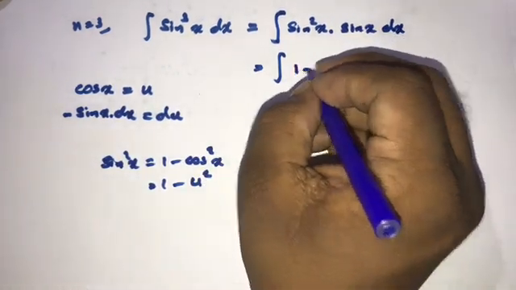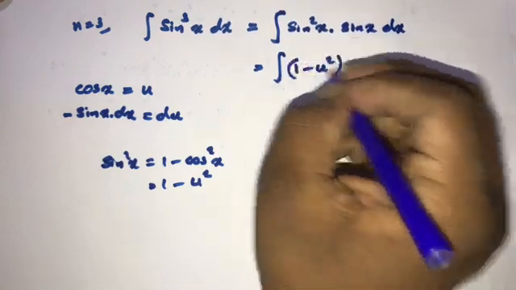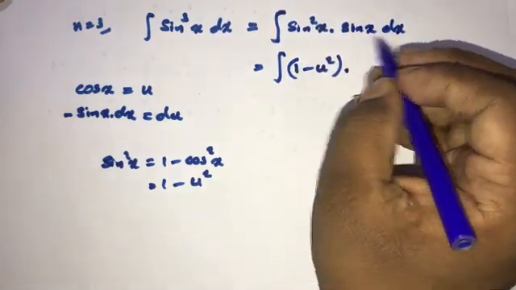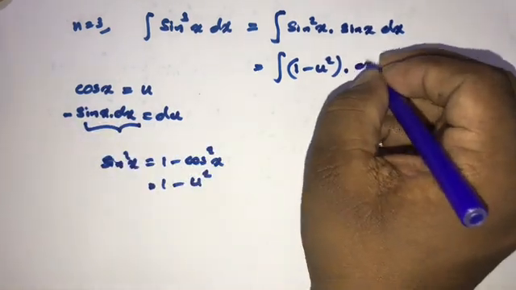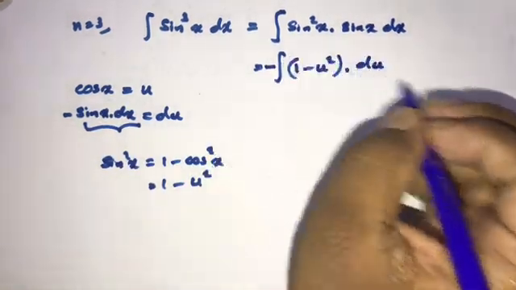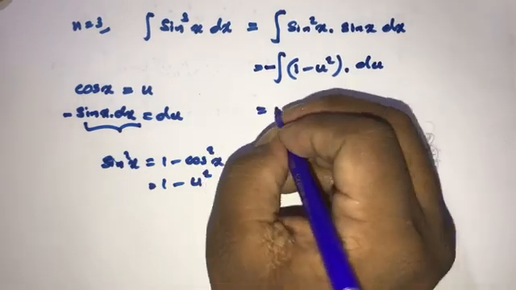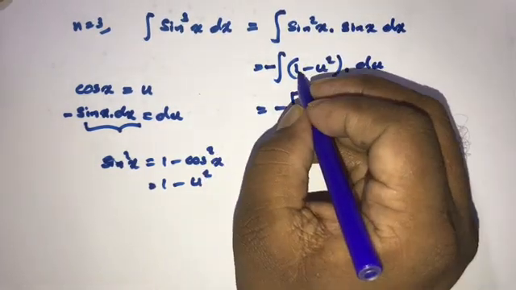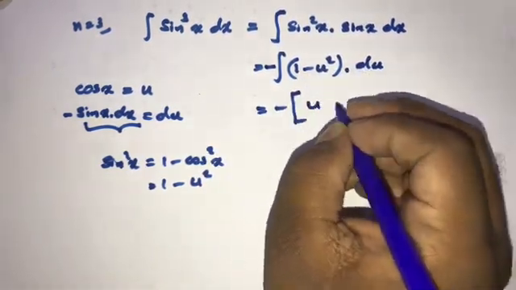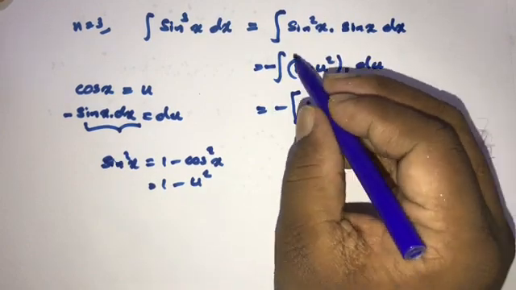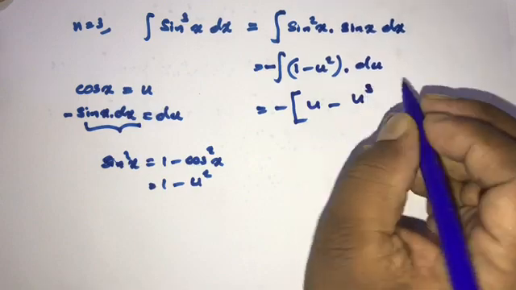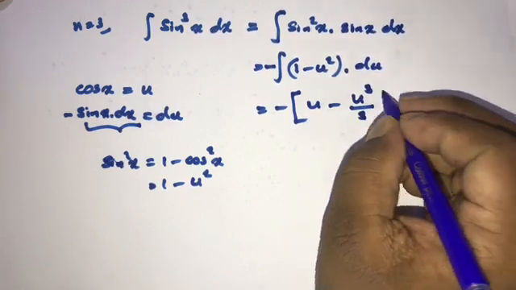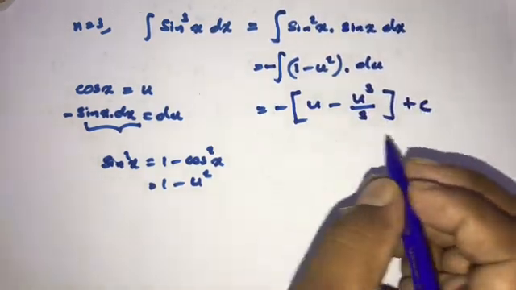So we can write (1 minus u squared) times sin x dx, which is equal to minus du. Now the integral of 1 du is u, and the integral of u squared is u to the third power over 3, plus c.